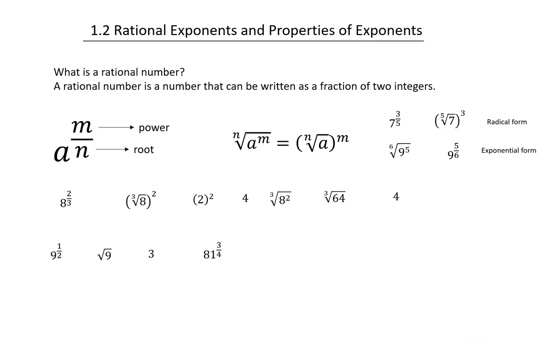The fourth root of 81 is 3, and 3 to the third power is 27. So 81 to the 3/4 is 27. Evaluate this expression. Pause the video, figure out the value, and then resume. 32 to the 2/5 power: the fifth root of 32 is 2, and 2 squared is 4.